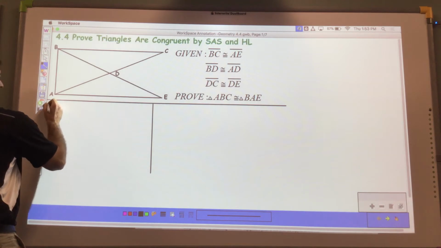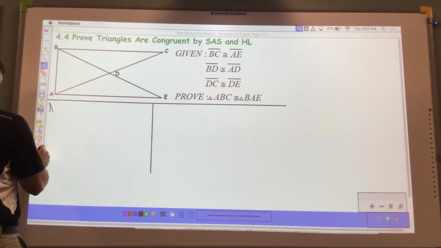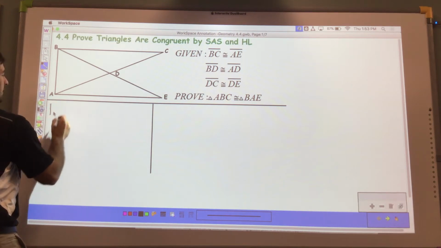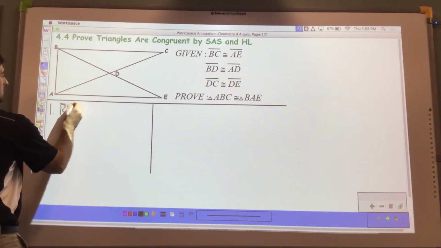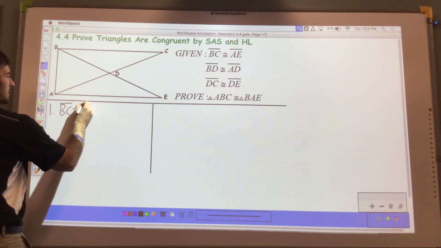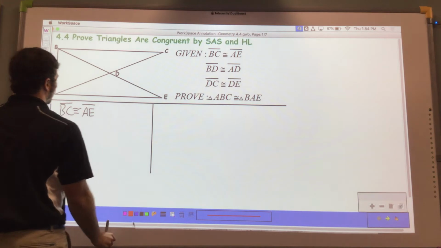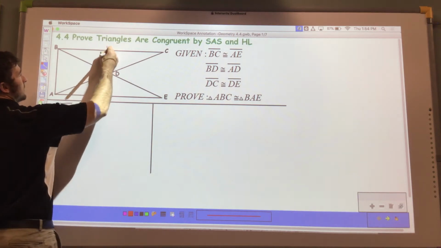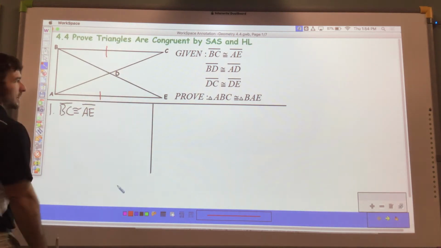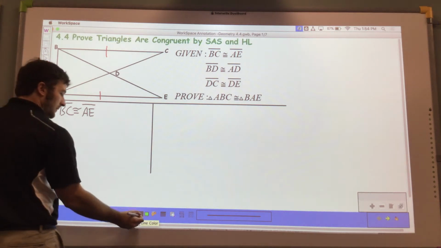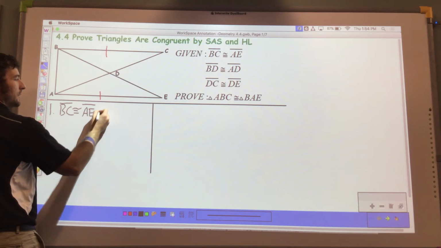We will start with our givens. So we have lots of them. BC is congruent to segment AE. And let's mark these as we go. So BC here, AE there. Got it. We already got one side taken care of. Then our next given, and we're going to combine these all into one.